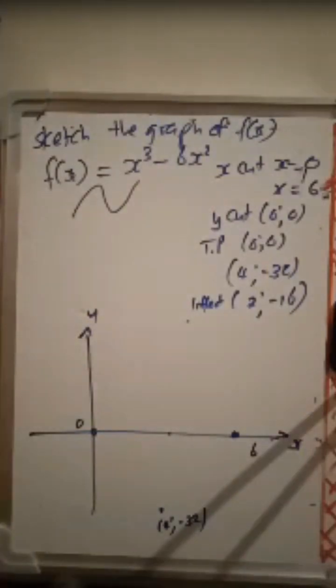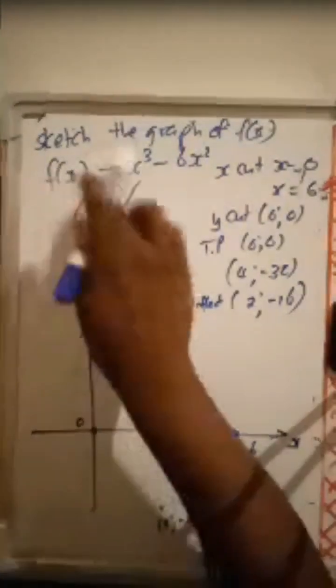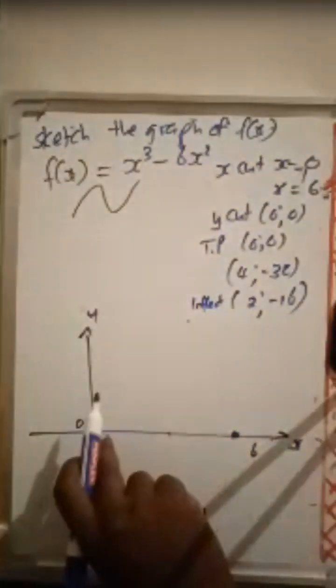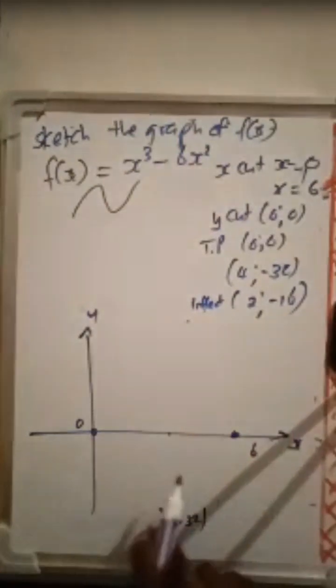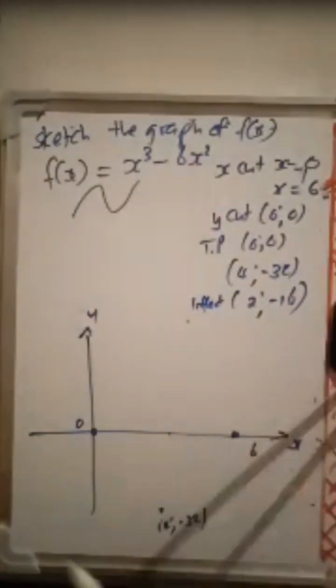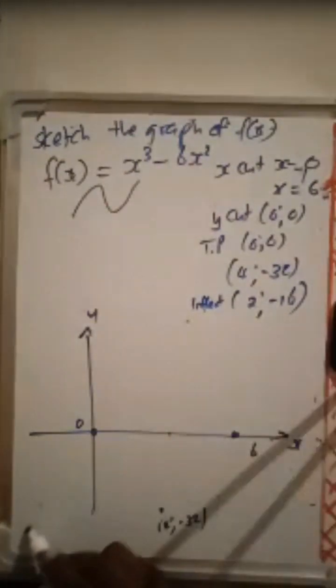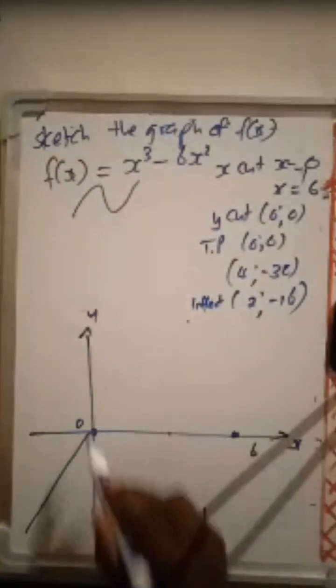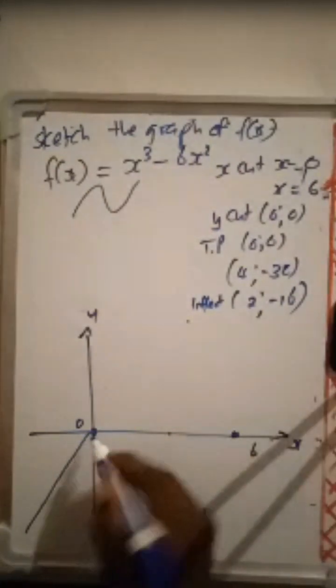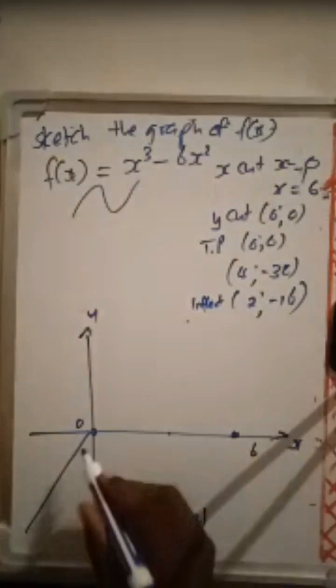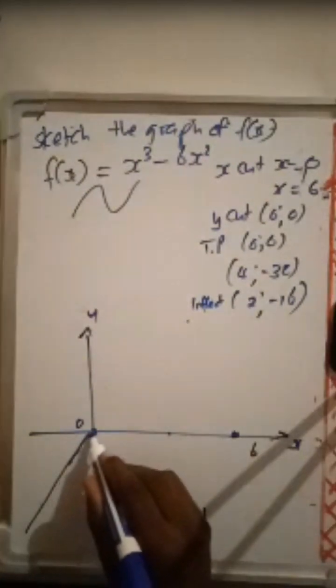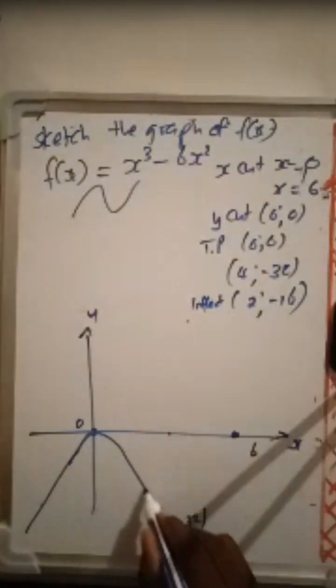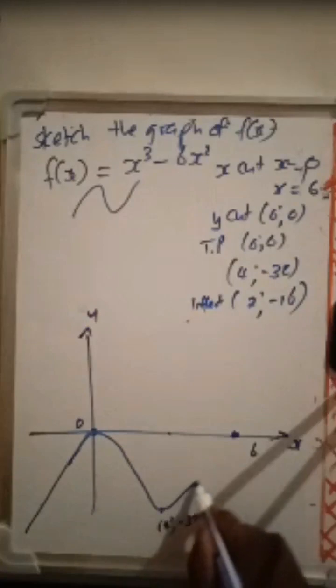So this one starts as an increasing function. Where does it turn? It turns here, then it goes down, it turns there, then it goes up. So we draw it from here, then it turns, because we know that this one is a y-cut, which is also an x-cut, which is also a turning point. So it turns there, we draw it as a curve, then it goes there.